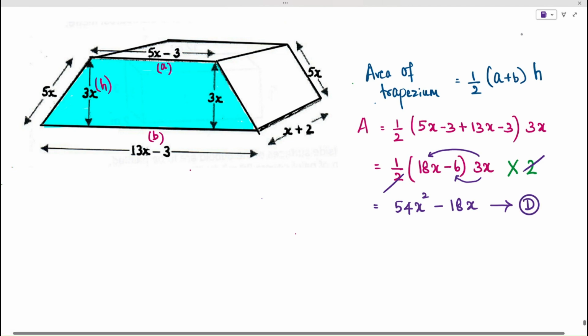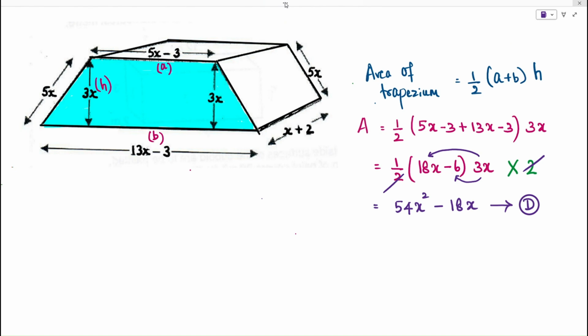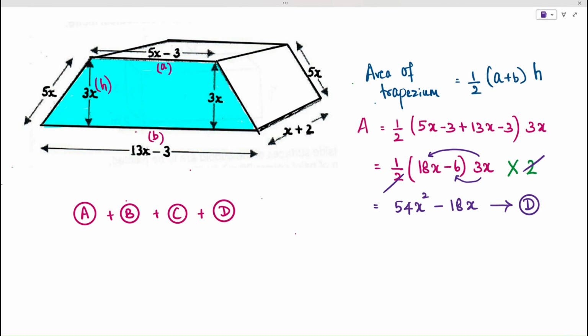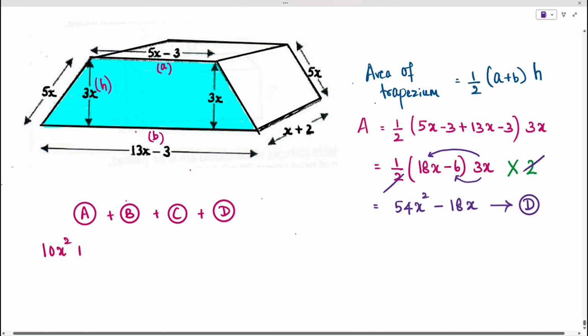Now, to end off, we're going to add A, B, C, and D. So, our value for A is 10x squared plus 20x.